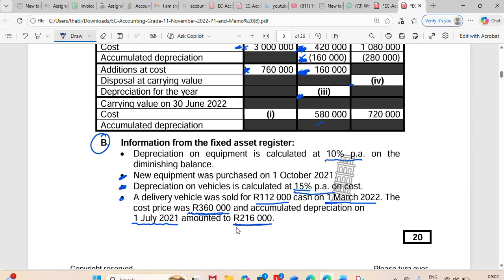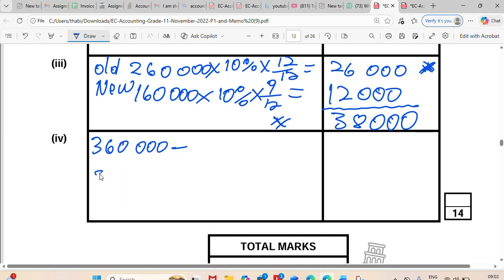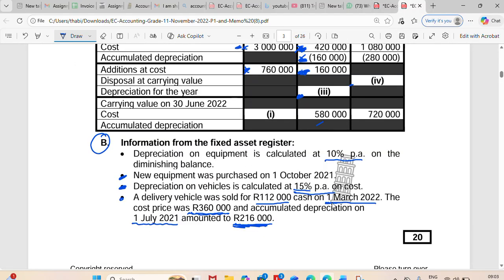No, we only have the accumulated at the beginning of the year. So we can just depreciate our asset. Here, the cost price 360,000, then you'll multiply by 15%. Guys, we're using the cost price because we're told to depreciate vehicles on cost.